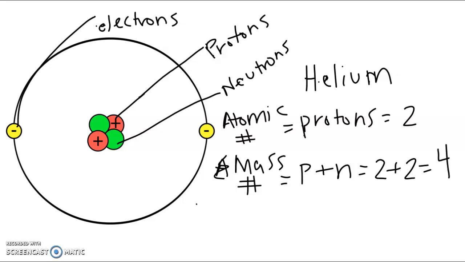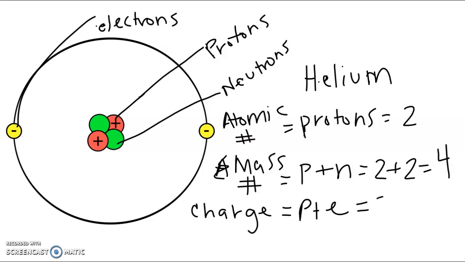Lastly, I'm going to determine the charge. I know that the subatomic particles that have charge are my protons and my electrons. Neutrons are neutral, so they do not have any charge. So I'm going to take my protons plus my electrons, and that's going to give me my charge.